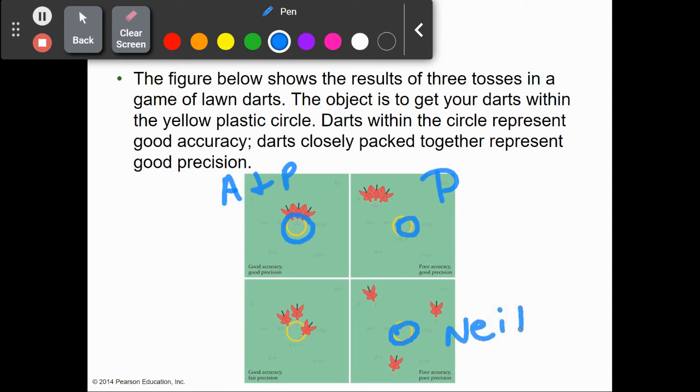It is not accurate or precise because I'm nowhere near the bullseye and my measurements are all over the place. Okay? And so this one would be what? This one is going to be accurate. They are all inside the yellow ring, but they're not precise. Because one's over here and one's over here and one's way down at the bottom. Okay? All right, so keep those two definitions in mind.